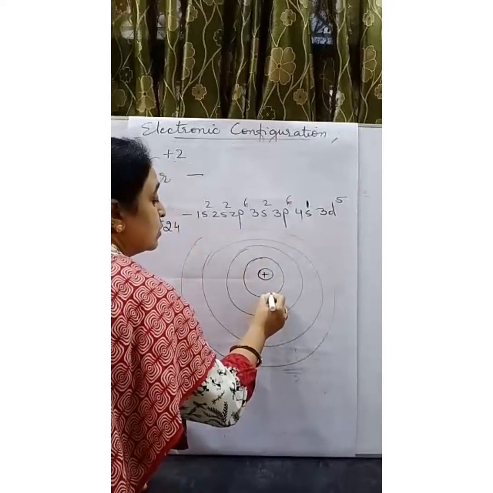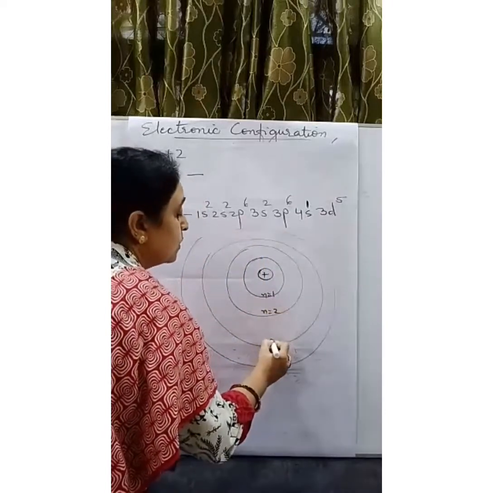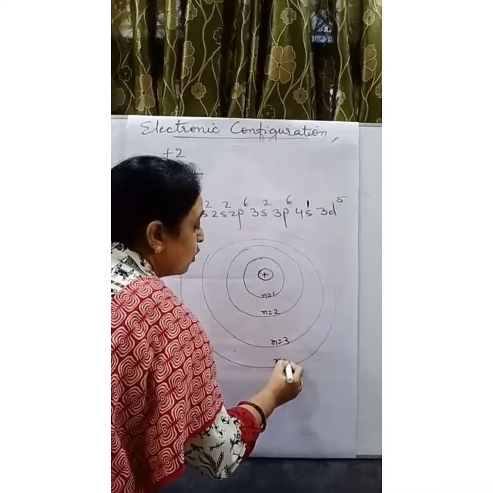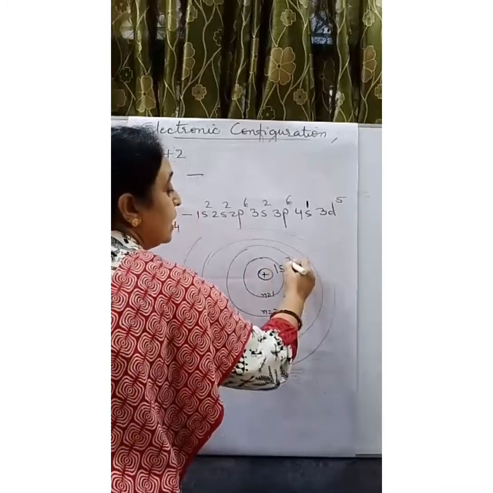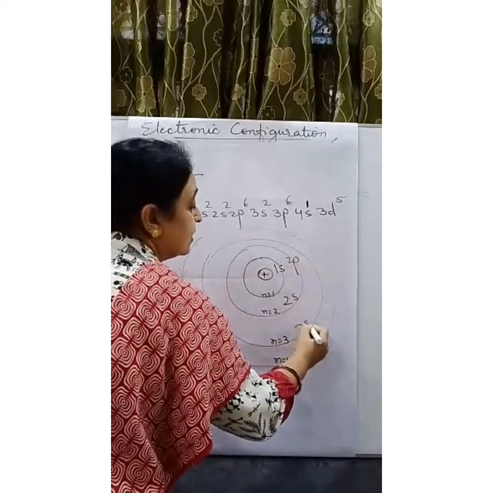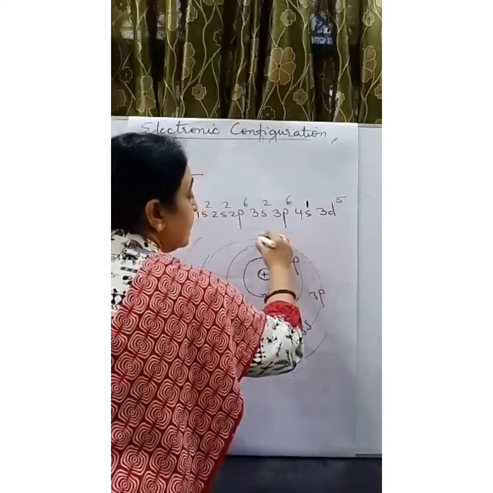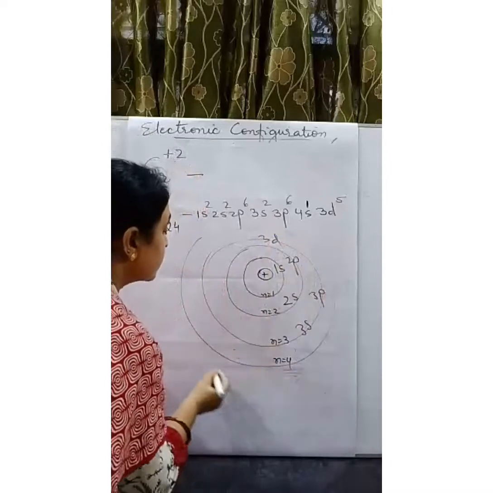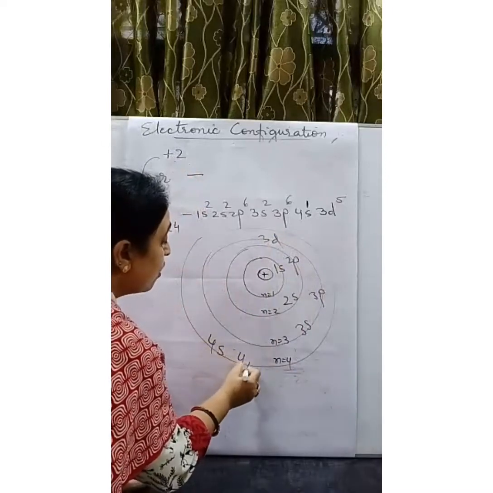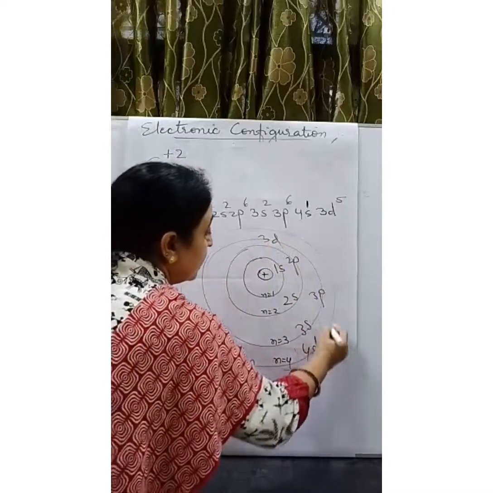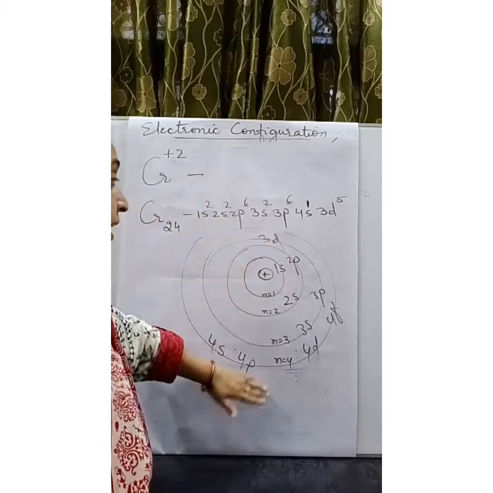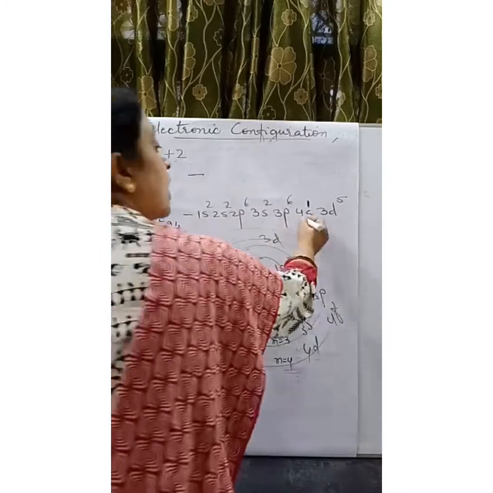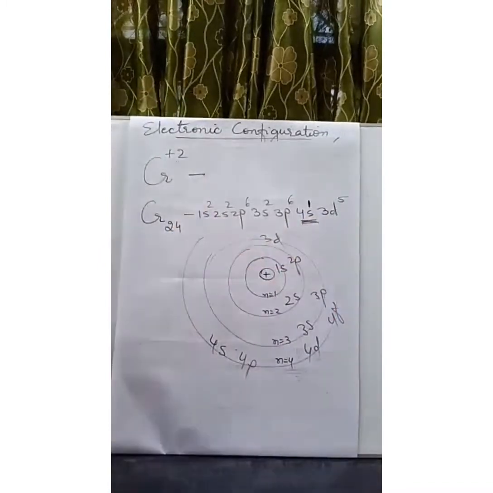This is n equal to 1, 2, 3 and 4. Here 1s orbital is present, here 2s and 2p, here 3s, 3p, 3d, and outside we have 4s, 4p, 4d, 4f. So which is the outermost shell? 4s is your outermost shell, which is the valence shell.